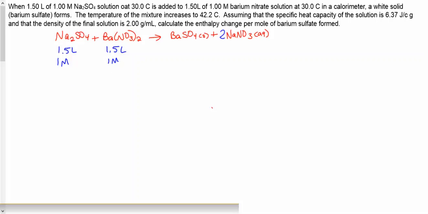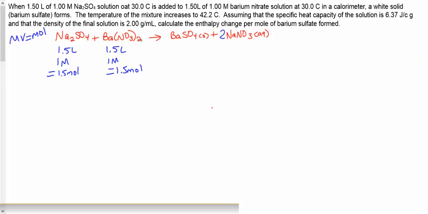At this point, I like to go ahead and calculate the moles of each reactant. So remember, molarity times volume gives us moles. So 1.5 times 1 tells us that we have 1.5 moles of sodium sulfate, and we also have 1.5 moles of barium nitrate.